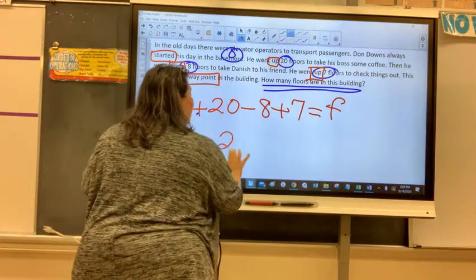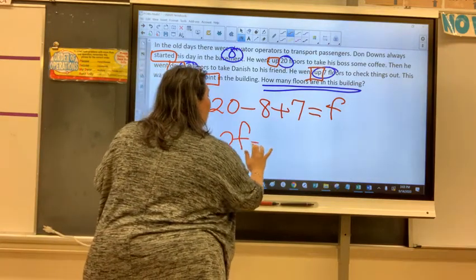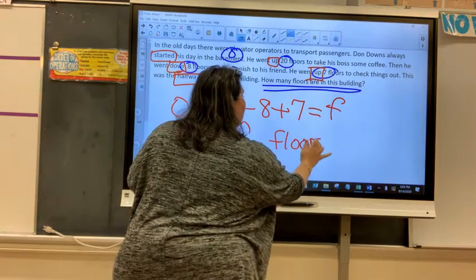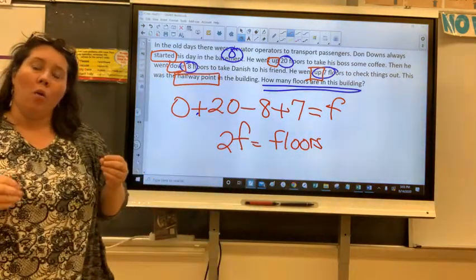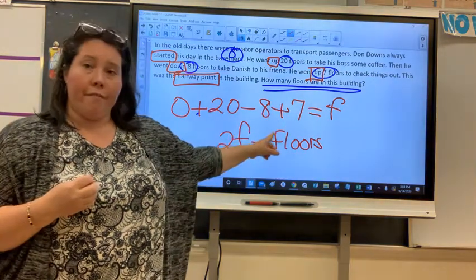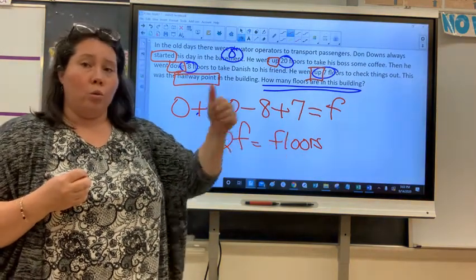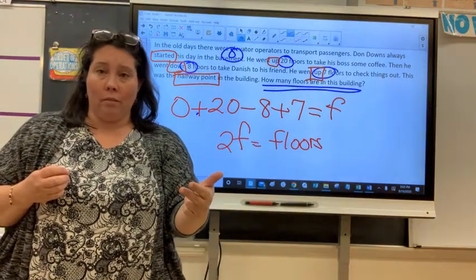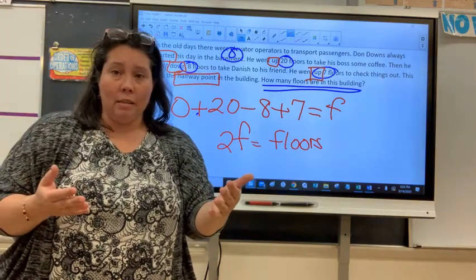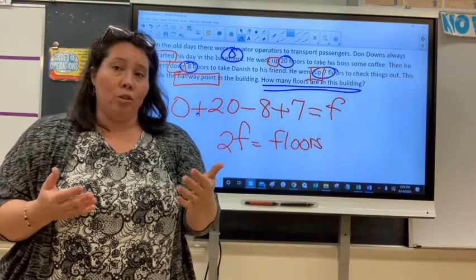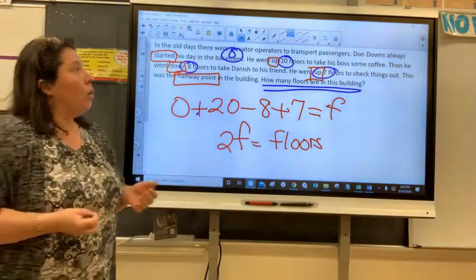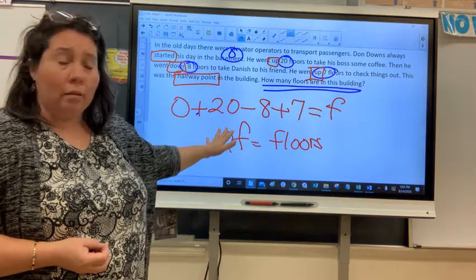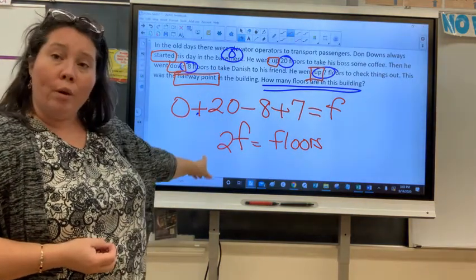So 2F equals floors. So we know we have to multiply F by 2. So 20 minus 8 plus 7. Whatever that is, we're going to multiply that by 2. So that is our evaluation, our plan. We have our equation, we know what we have to do.